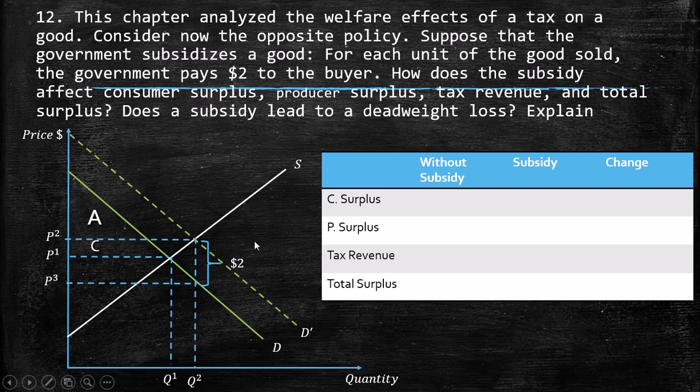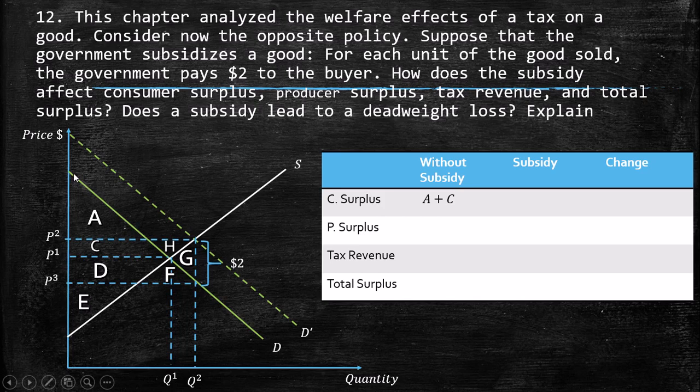So here we are going to divide our analysis into sections. What was the consumer surplus without subsidy? Without subsidy, we have A plus C. Remember, it was the case P1, Q1, so the consumer surplus was AC.